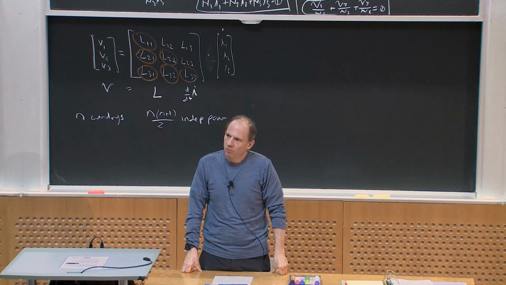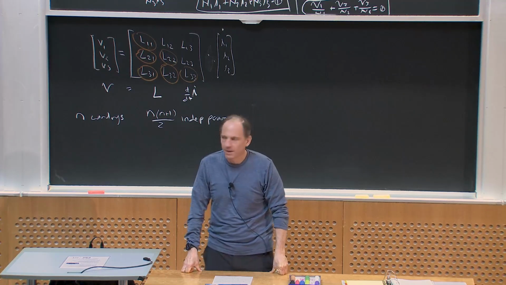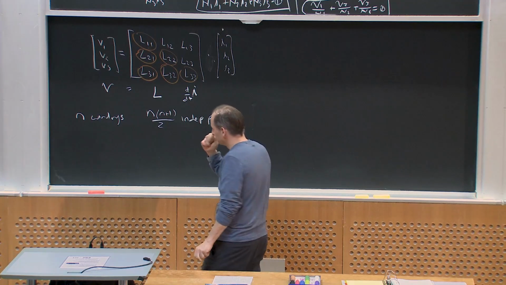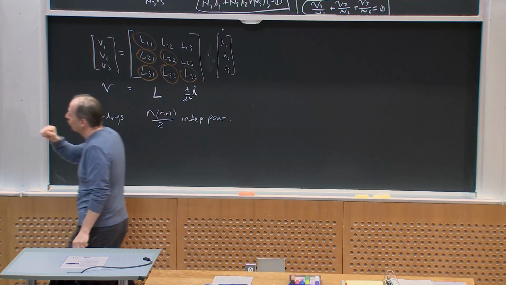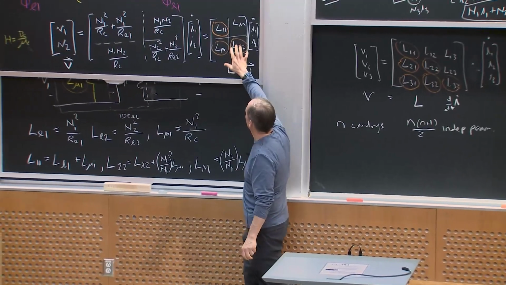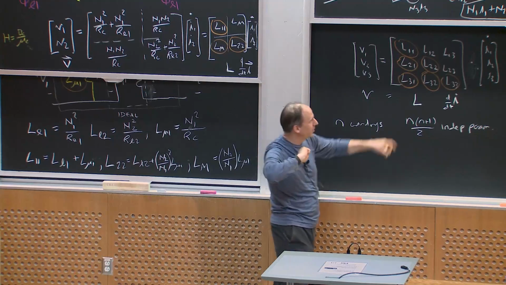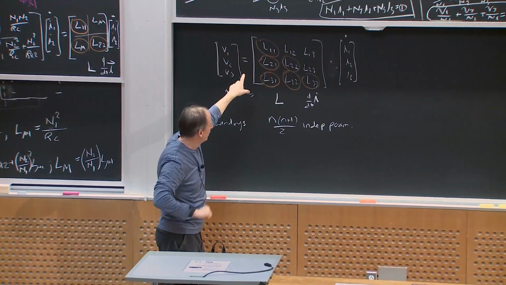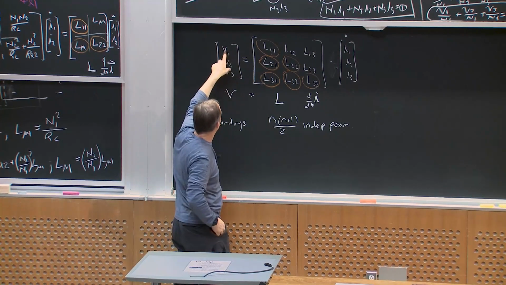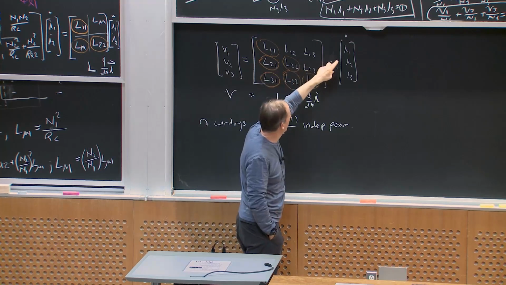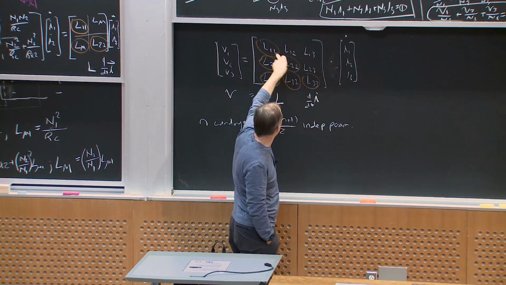So now what might I want? I might want the equivalent. I've already said, okay, I have an inductance matrix, and if I come up to my device and measure V1 and I1 and have all the other currents open circuit, I can get L11.